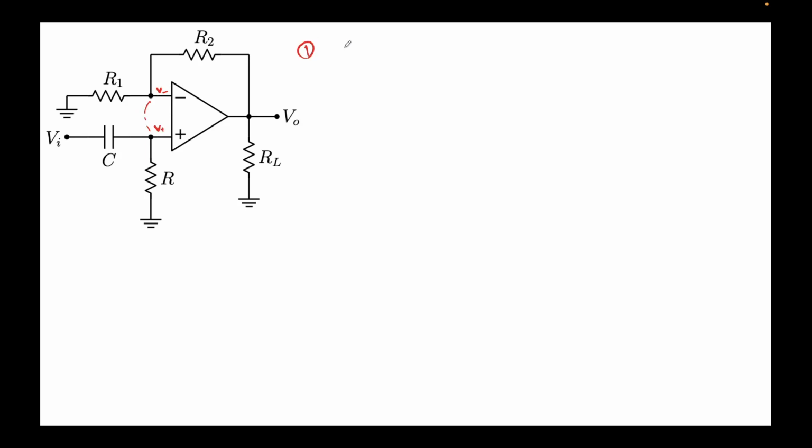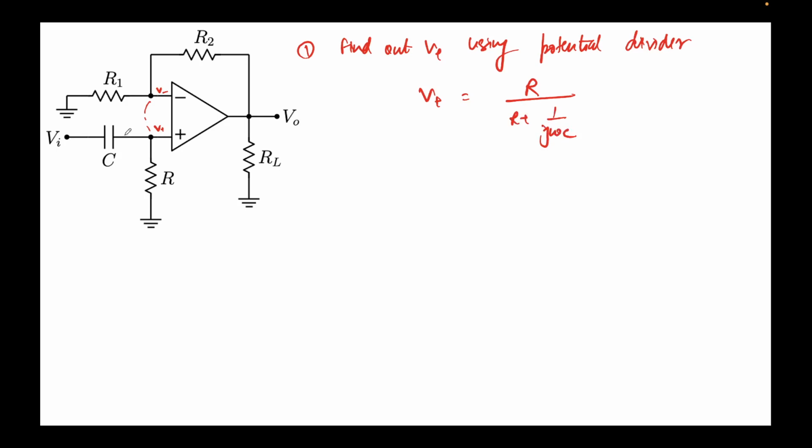In the first step, find V plus using the potential divider. If I do that, I get V plus as R divided by R plus 1 upon j omega C, because I replace the capacitor with its impedance 1 upon j omega C. This impedance will remain the same.